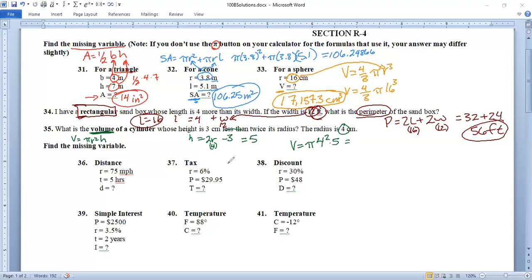Okay, let's punch that in the calculator. We have volume equals pi times 4 squared times 5. And we end up with 251.327, so rounded to 1 decimal place, and that's fine.